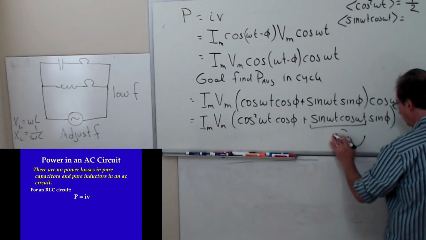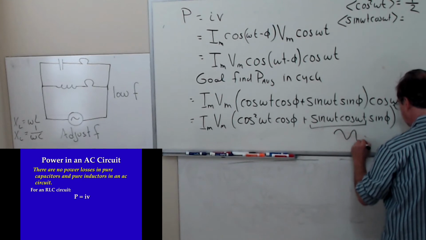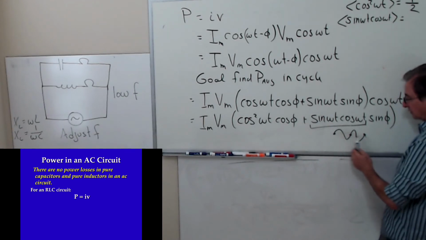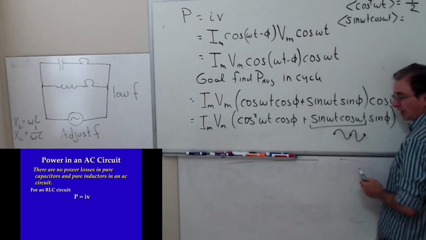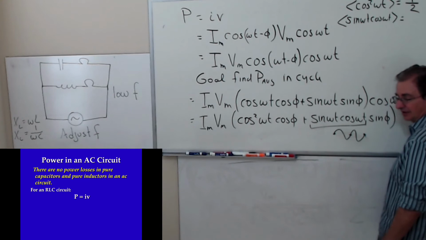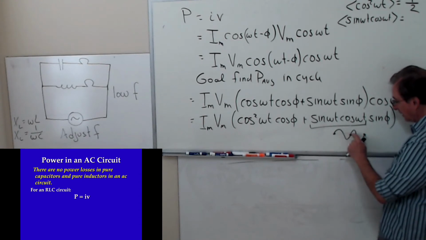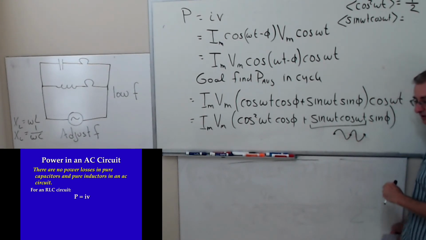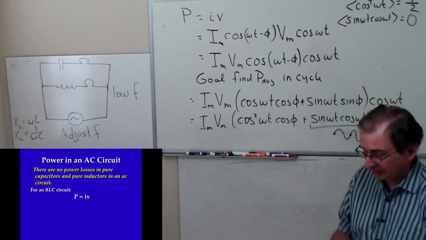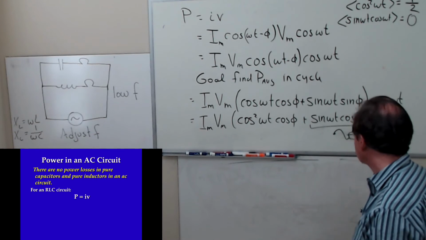Well, in fact, it'll look more like this. So that's what this function is going to look like in one cycle. So what's the average of that? You have positive area, negative area, and their time intervals are the same, so this integral has to be 0. That average has to be 0. And if you don't believe me, go ahead and do the integral yourself. The integral of an odd function over a symmetric interval is always 0.